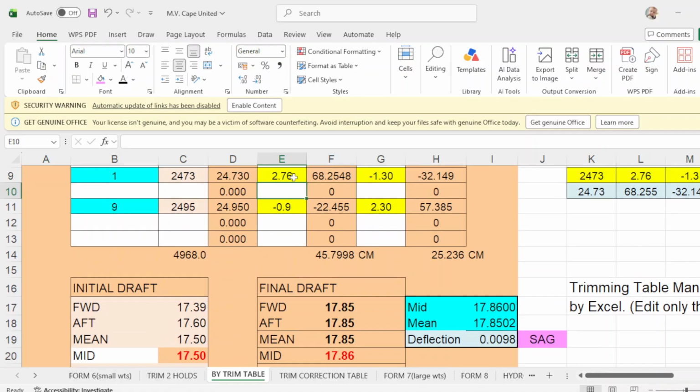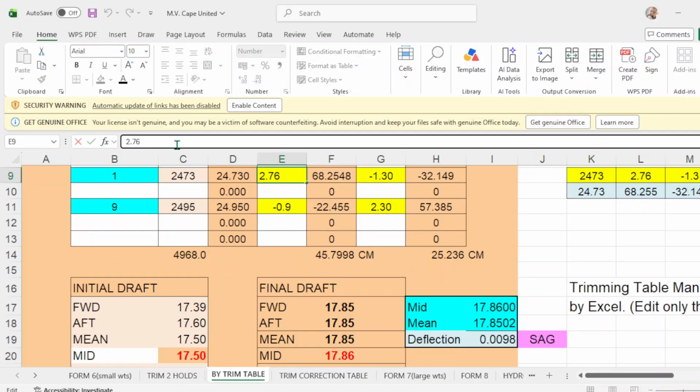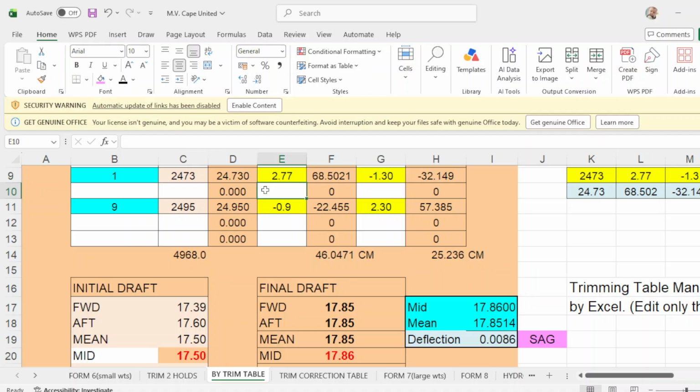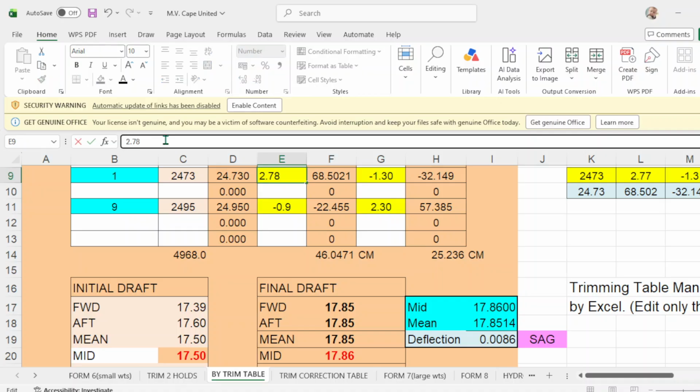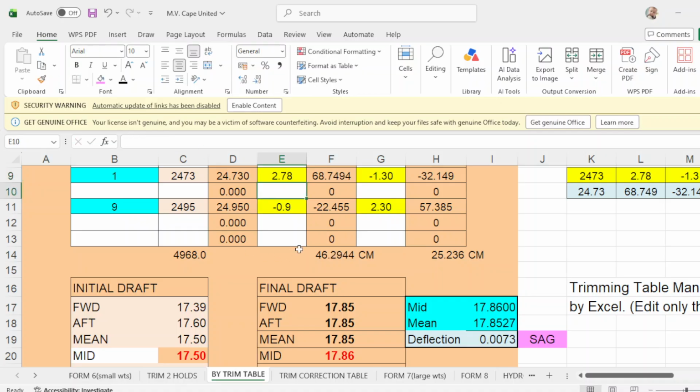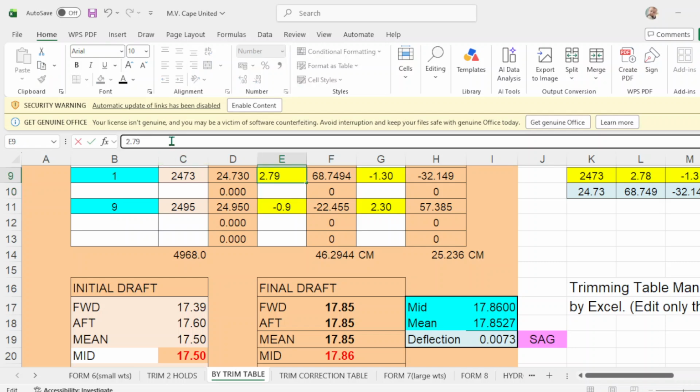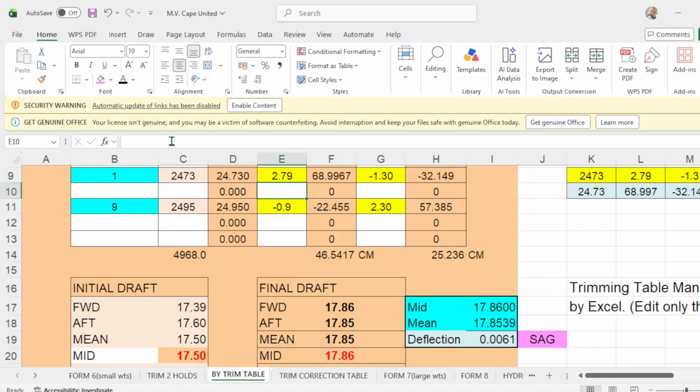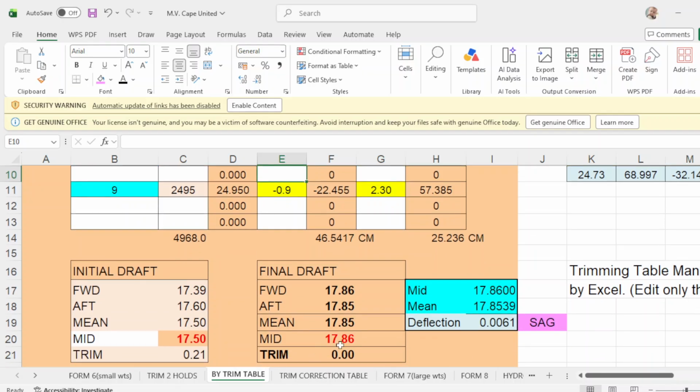Make this 7. Make this 8. No changes. Make this 9. There you go. 1786. And your trim is 0.